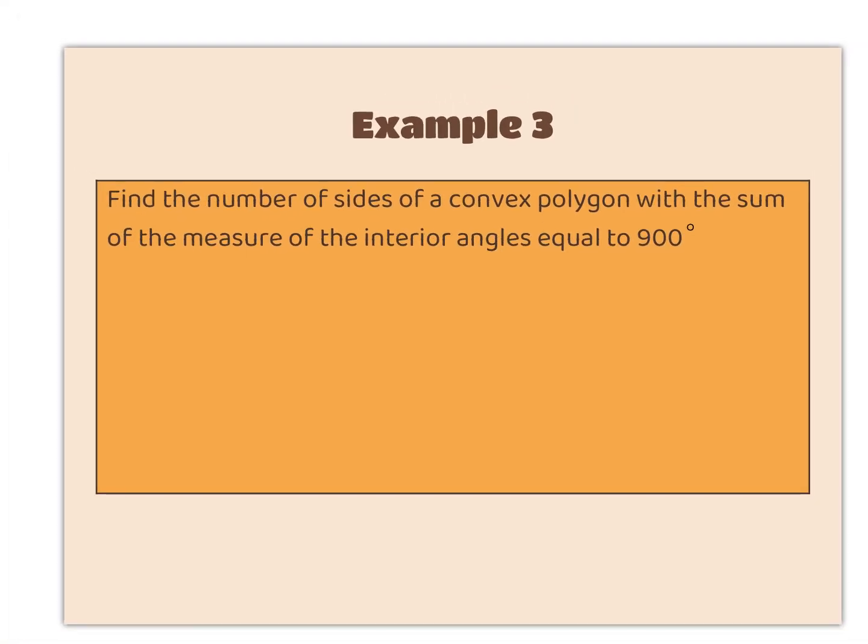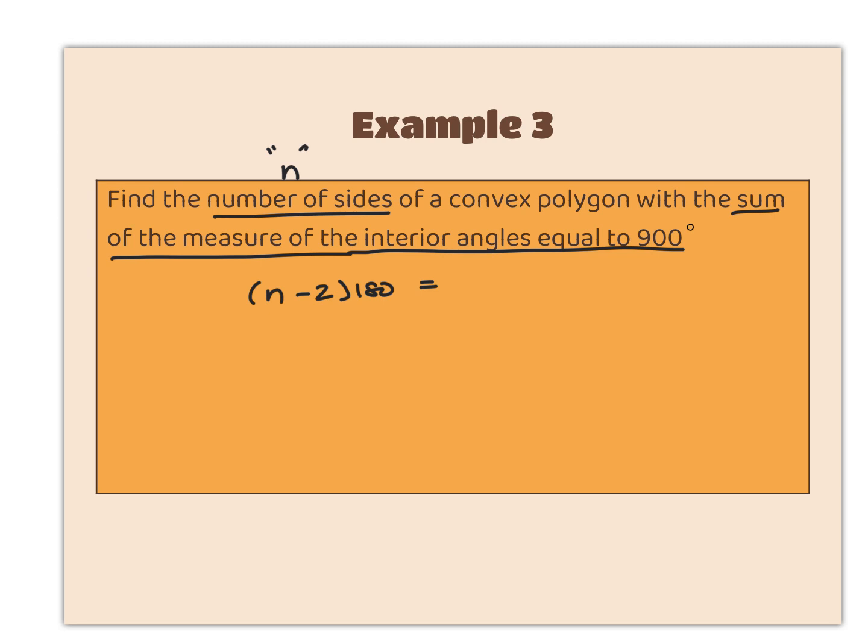So here it says, find the number of sides of a convex polygon with the sum of the measure of the interior angles equal to 900. And they want the number of sides. So they're looking for n, okay? So again, remember the formula. The sum of the measure of the interior angles is n minus 2 times 180 equals the total sum, right?